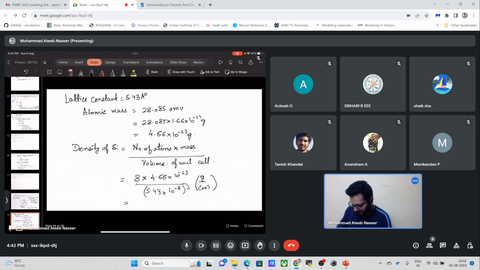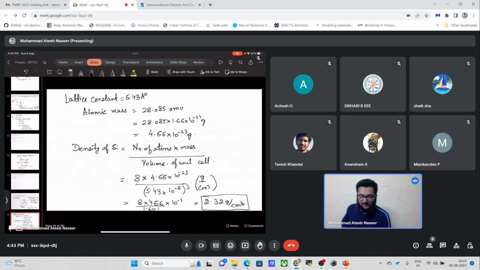5.43 into 5.43 into 5.43 is about 160, so it is 8 into 4.66 into 10 to the power of minus 1 divided by 1.601. So it is simply equal to 8 into 4.66 divided by 1.601, which is 2.32 gram per centimeter cube.